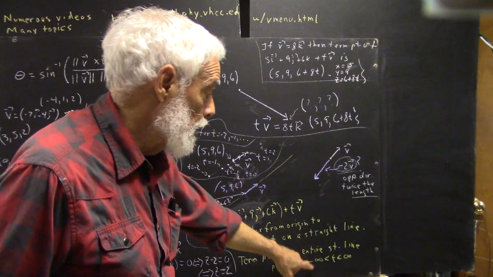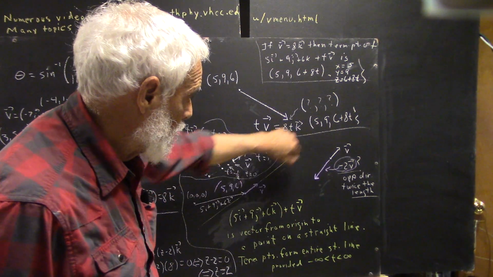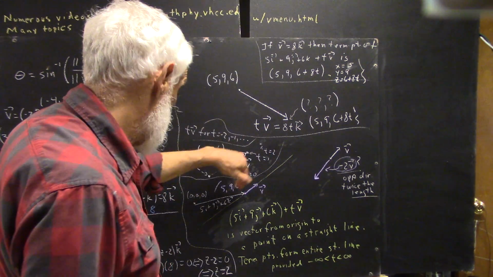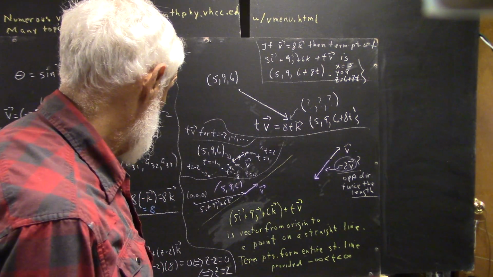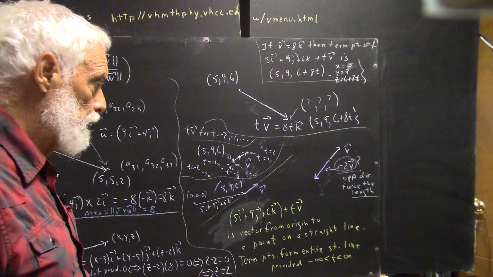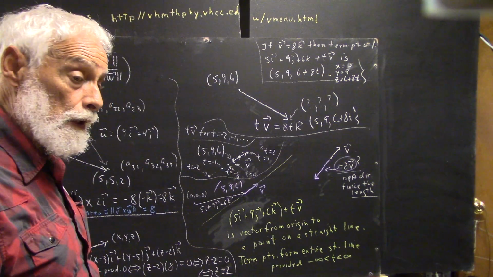And if t goes from -infinity to infinity, the terminal point will trace out the entire line from infinitely distant in this direction to infinitely distant in that direction. Okay, or at least a distance exceeding all bounds in each direction. I don't want to be too technical. Okay, so we need to have that picture for a straight line.